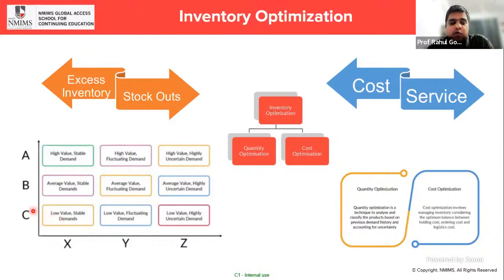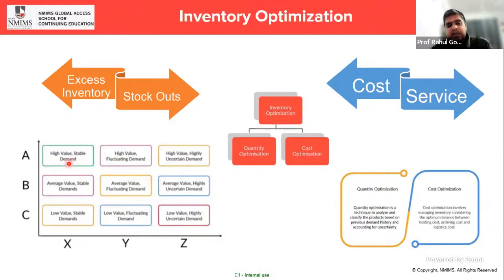SKUs. So you will have certain SKUs which are mapped as C class, which are contributing very little to your business, but they're pretty stable. So they're low value, stable demands. Then for C class, you will have certain SKUs which are C class, but they are highly uncertain. So what inventory policy do you design around them?